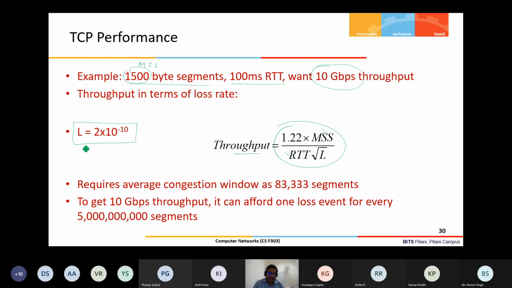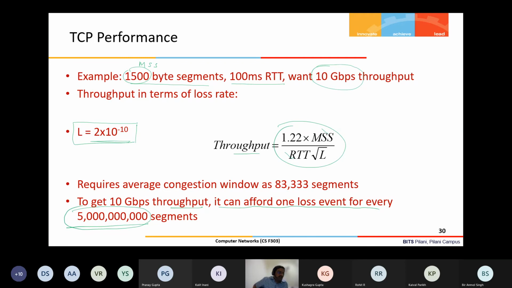Now you see what it actually means. A loss rate of 2 into 10 power minus 10 means that, to get the 10 Gbps throughput, my connection can afford only one loss event for every that many segments. It's a huge number actually, and achieving this kind of loss rate is very difficult.